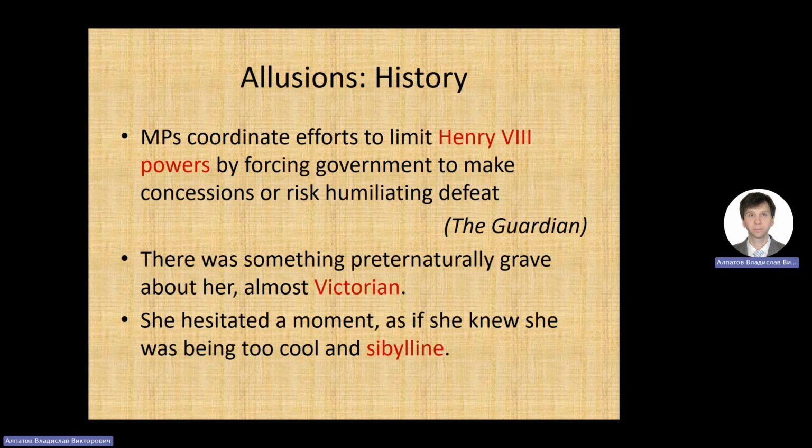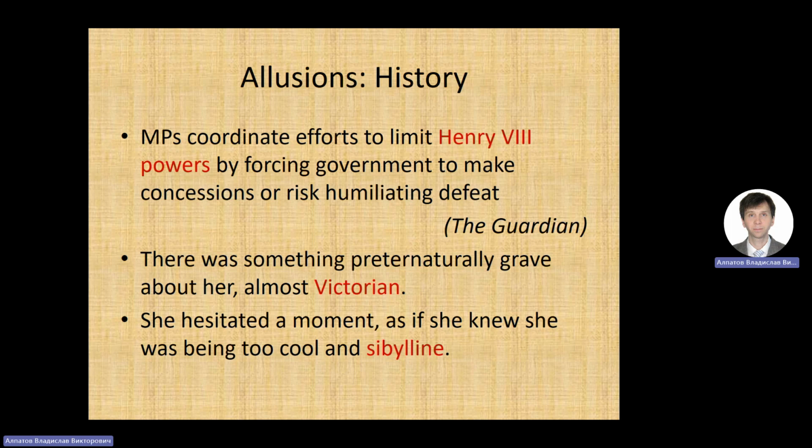And Henry VIII powers in modern context are the powers that allow ministers, the prime minister, to make new laws bypassing parliament, and this is now called Henry VIII powers.